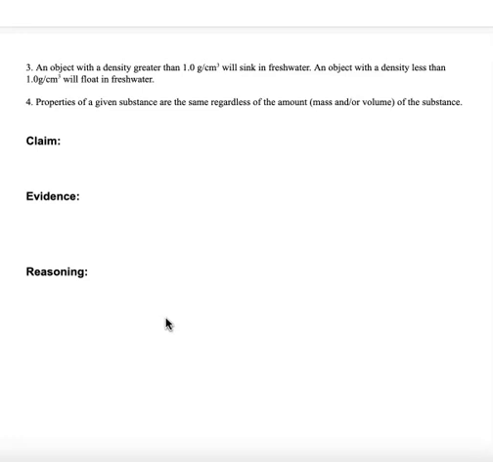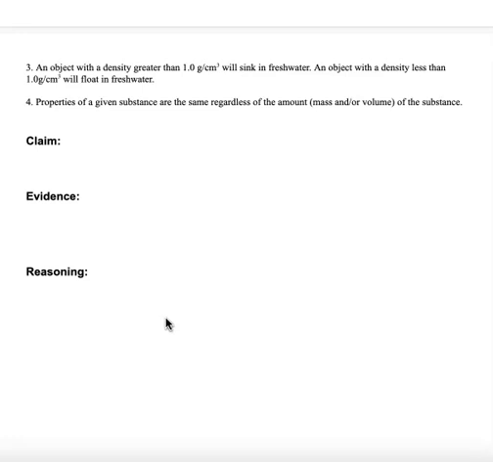And word it catchy, like according to scientific principle number 4, and then go ahead and paste it in there. Now, here's the part that a lot of people miss. Once you include a scientific principle, you have to go back and explain why that scientific principle is important. Don't just list the claim and then the scientific principle and be done. You have to explain why that scientific principle is important. And that's really only one sentence.